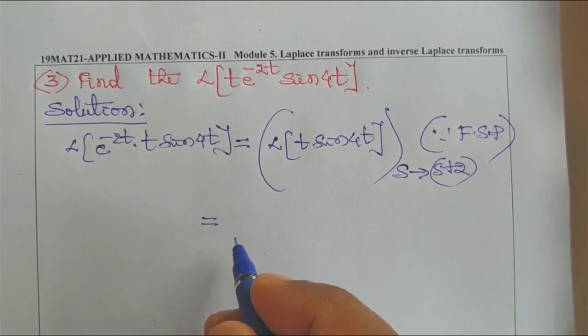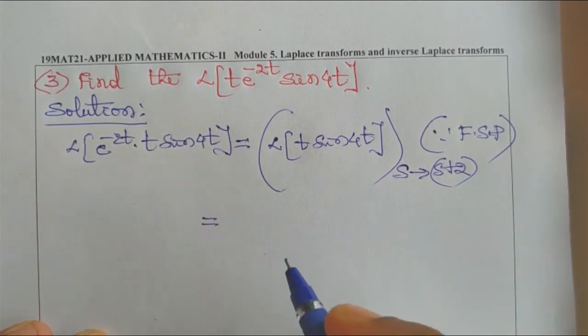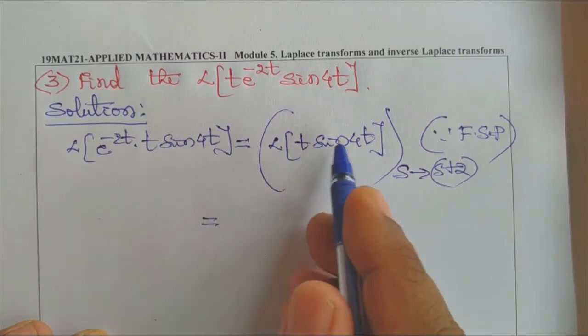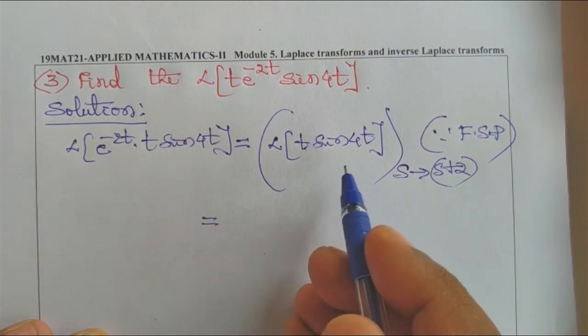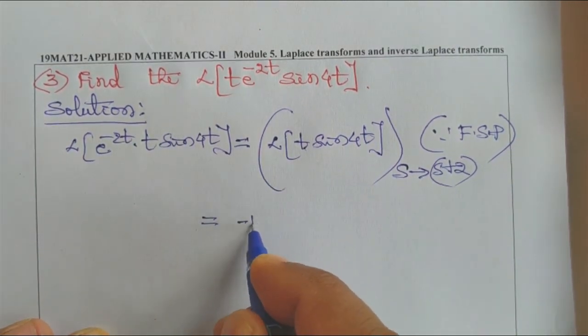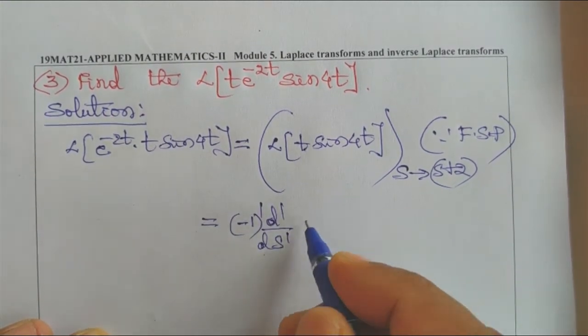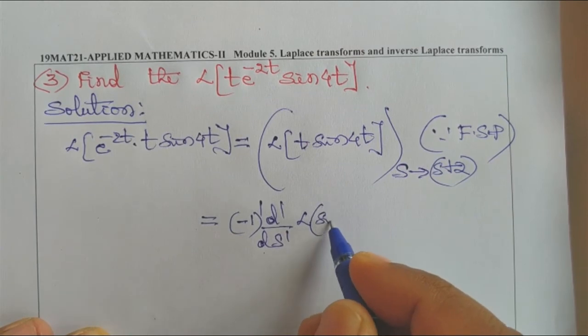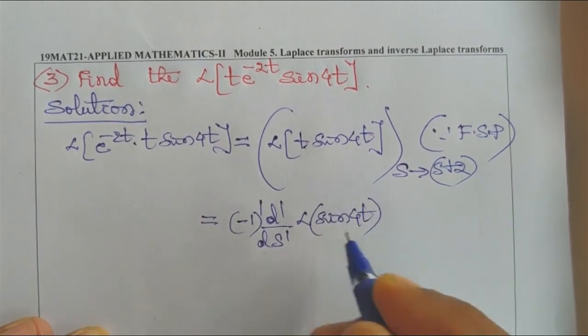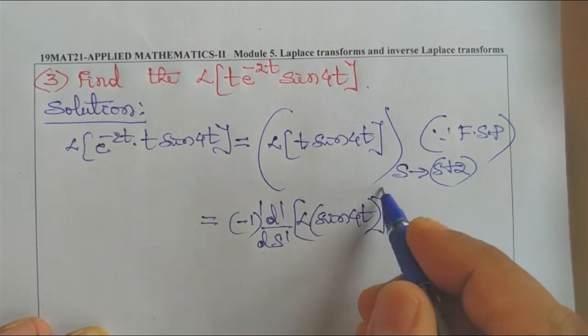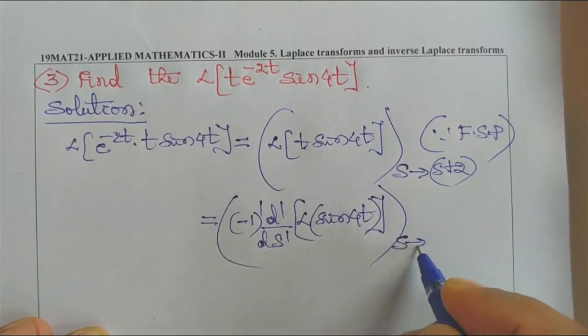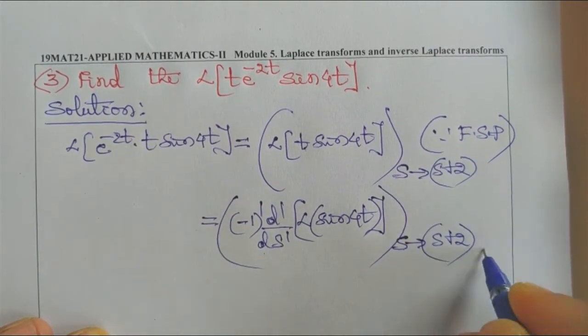Using that, we have written it like this. Now this is just multiplication by t. Multiplication by t means minus 1 to the power of 1, d to the power of 1 divided by ds to the power of 1, Laplace of sine 4t, at s tends to s plus 2.